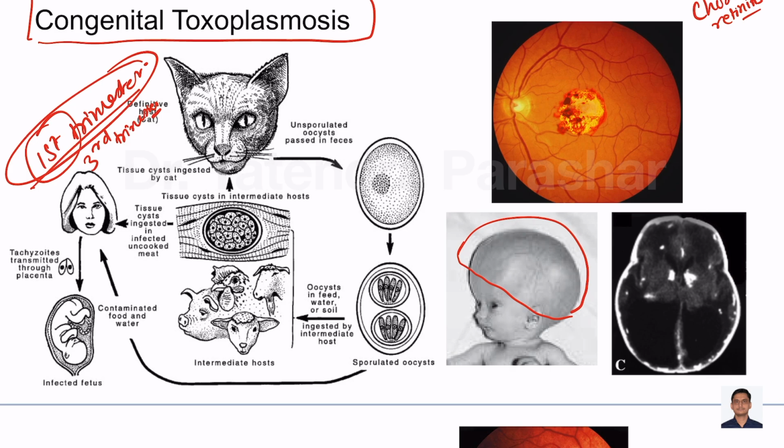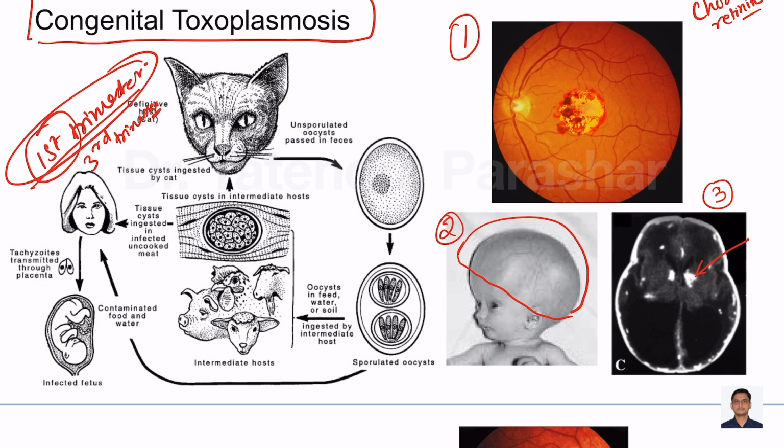And third, diffuse intracranial calcifications. So it consists of three things: first is chorioretinitis, second is hydrocephalus, and third is intracranial calcifications. Other signs may include seizures, hepatosplenomegaly, jaundice, growth restriction, and hearing loss.